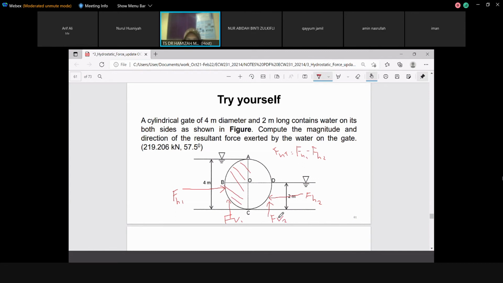Volume untuk FV2 ialah this suku circle. Quadrant circle. Okay, so FV1 dengan FV2 adalah tambah. So you calculate FV total. It is FV1 plus FV2. Okay, already get the FV and FH. So you can find the FR. And also the angle.